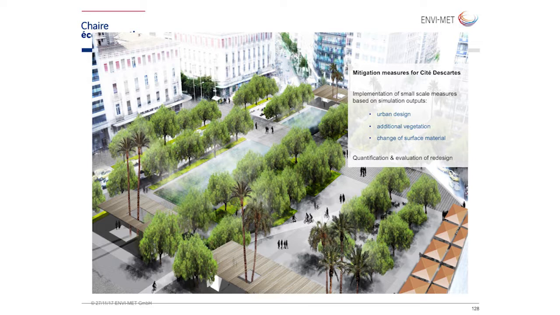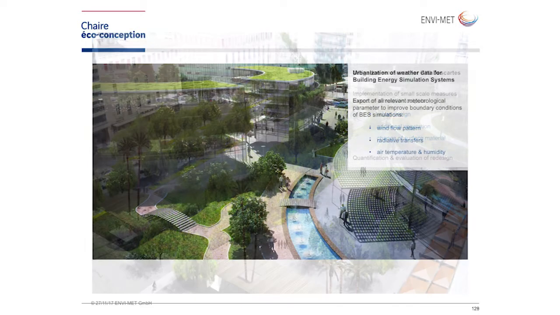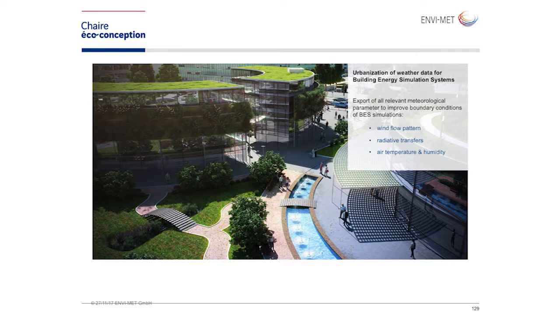We placed additional vegetation, and we also took the freedom to change surface materials in the design and in the situation as it is today. And the target was that we want to quantify and evaluate which will be the effect of these redesign measures on the local microclimate and on the thermal stress. So next slide is urbanization of weather data.